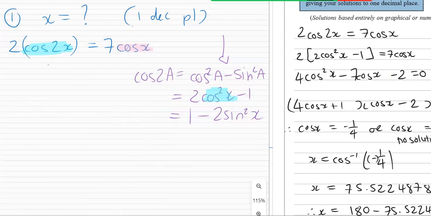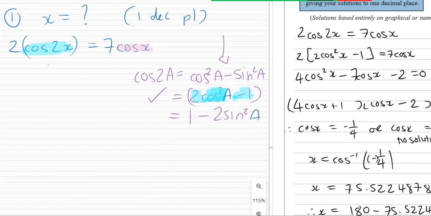So let's go with this one. So cos 2a, that whole thing is exactly the same thing as 2 cos squared a minus 1. Sorry, this should all be a's.